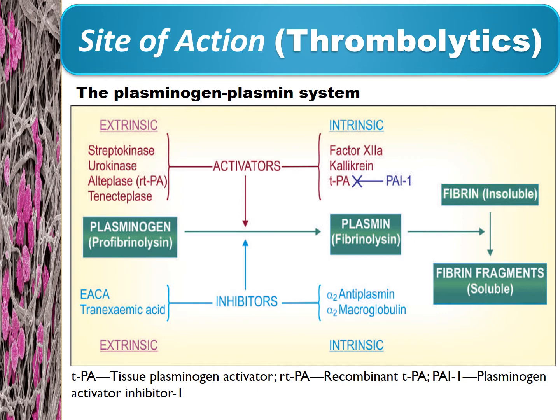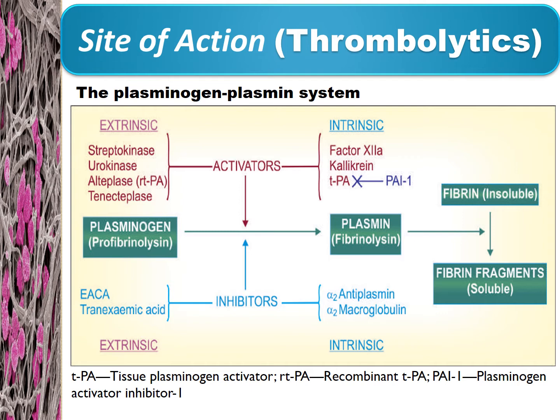And from the intrinsic side, factor 12, activated factor 12, kallikrein and the tissue plasminogen activator act as activators for the conversion of plasminogen to plasmin, which further facilitates the conversion of insoluble fibrin into fibrin fragments, that is the soluble fibrin.